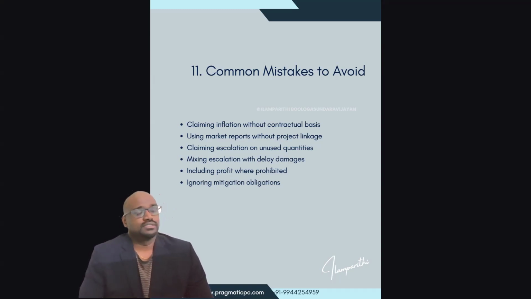Including profits where prohibited: certain clauses allow profits and certain clauses don't, so you have to be very clear on that. Ignoring mitigation obligations: it is always the mandatory obligation of a contractor to mitigate the cost increase and the time increase, whichever is possible for them.